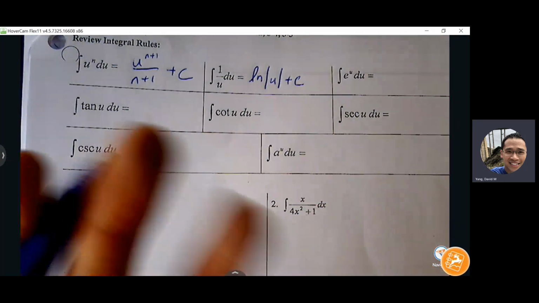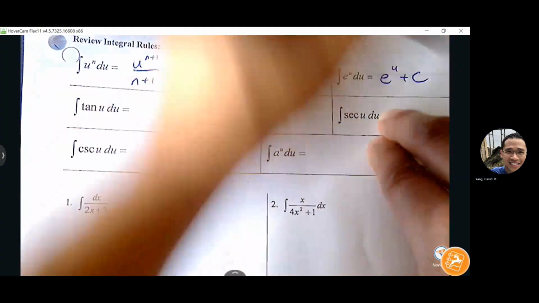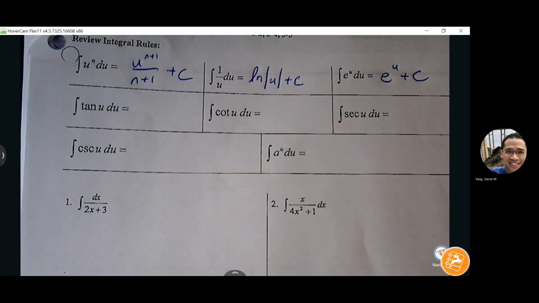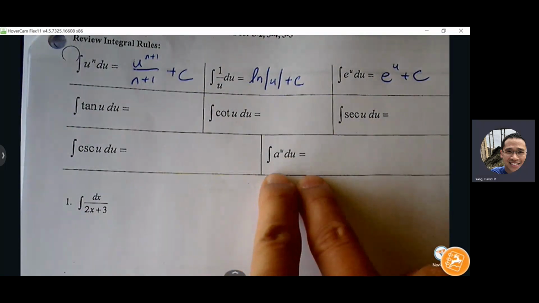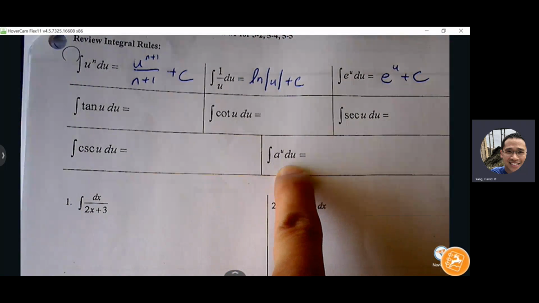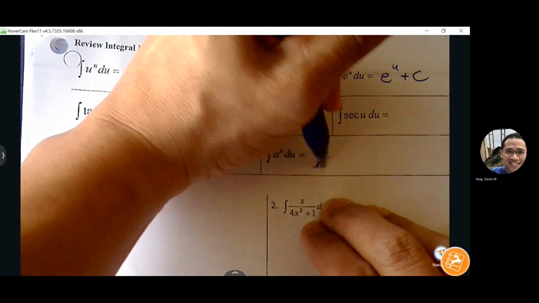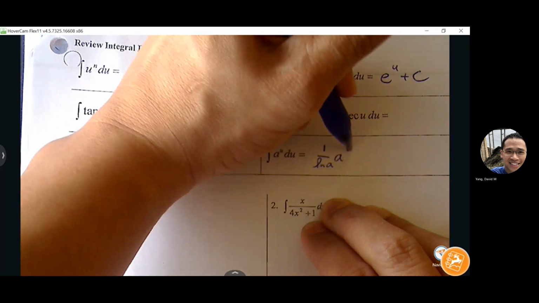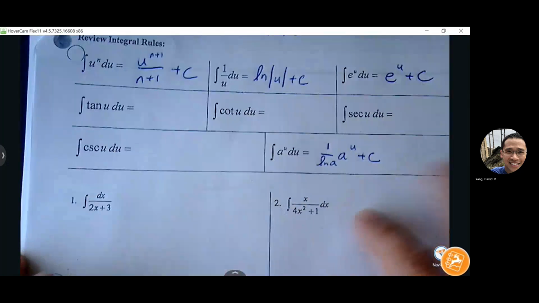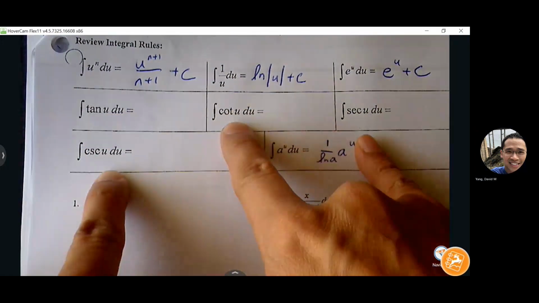This is the one rule that is just itself. And then I'll go to a to the u. A to the u looks a lot like e to the u, but then there's a bit of conversion that has to happen with natural log. And these are the four new ones.